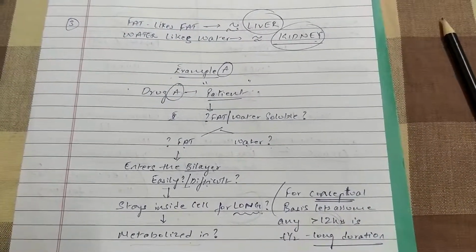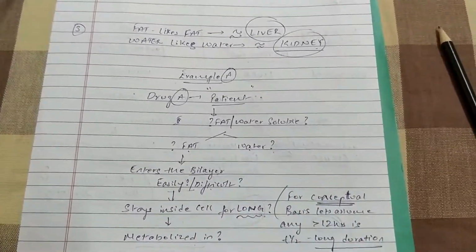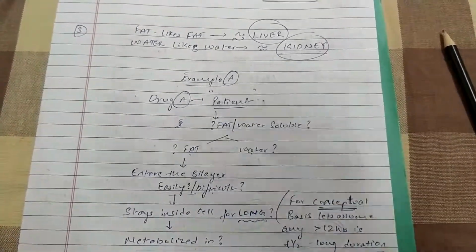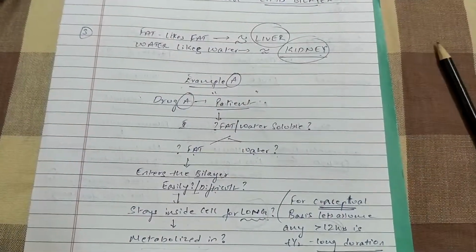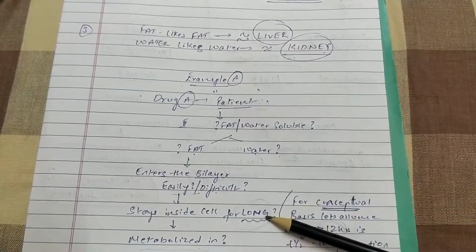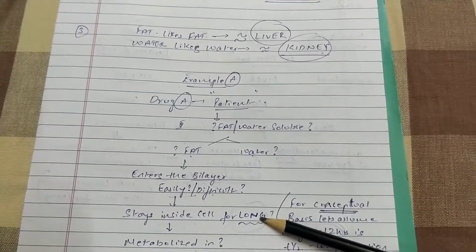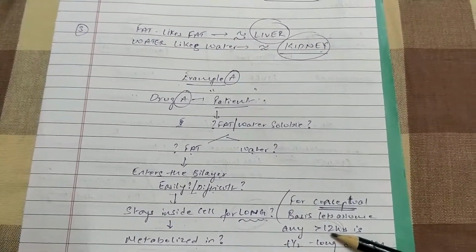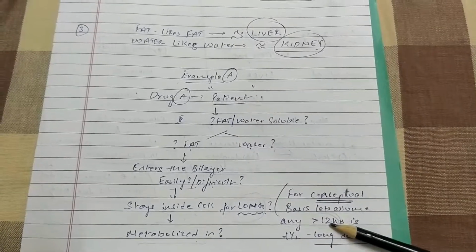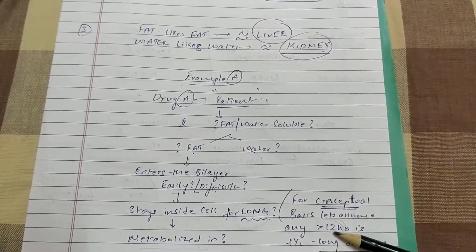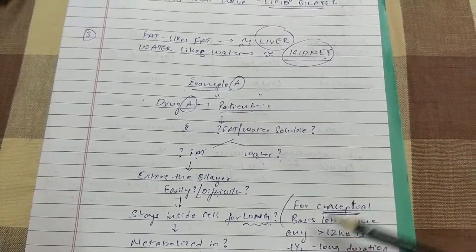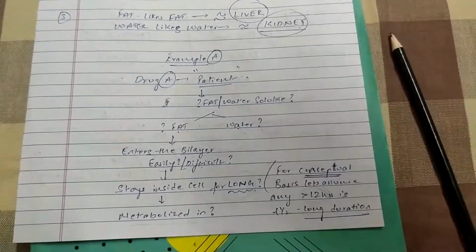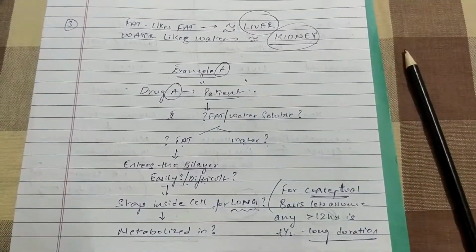So let us take an example. I have taken a drug A and I want to know whether it is fat-soluble or water-soluble. What would I do? I would find out the half-life of the drug. Let us assume that the half-life of the drug is 13 hours or 14 hours. If the half-life is high, then I know retrospectively that it tends to stay in the body for long.